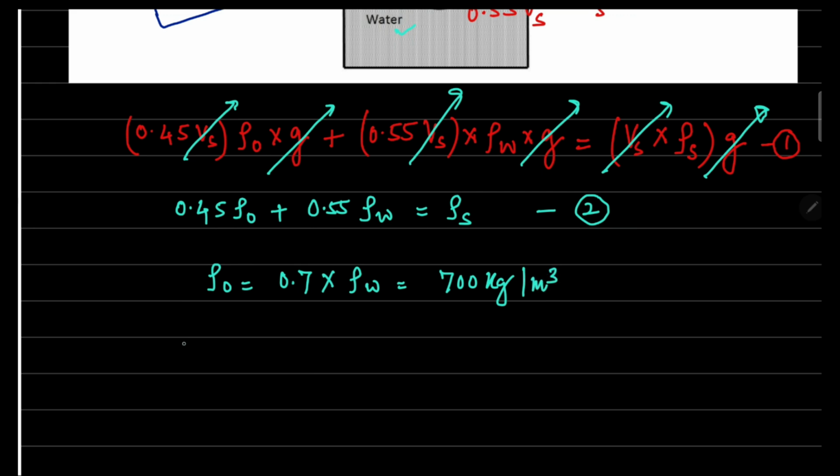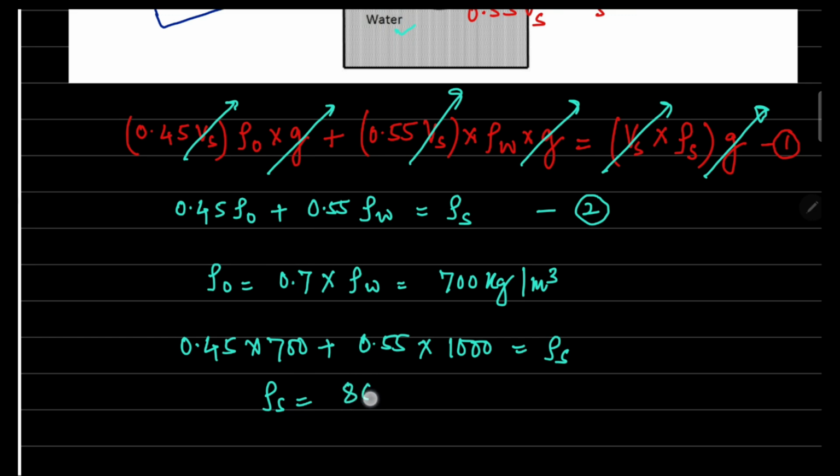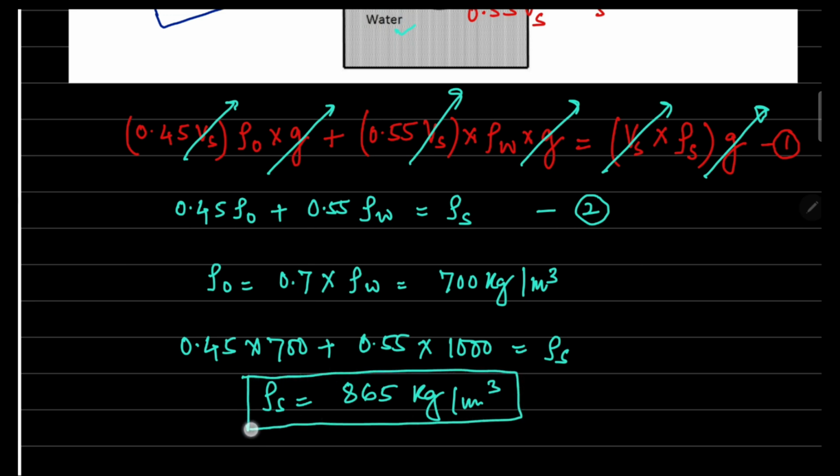So we can straightforward write 0.45 multiplied by 700 plus 0.55 multiplied by 1000 is equal to rho S. This calculation will give the answer, 865 kilogram per meter cube. Now that is your answer.